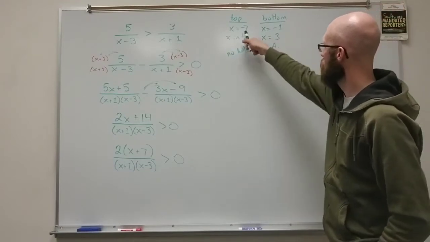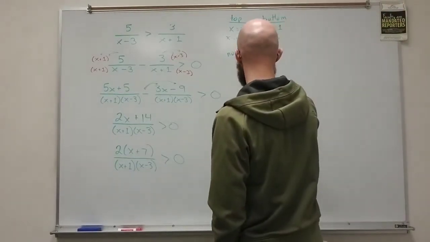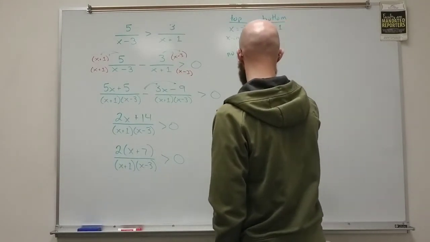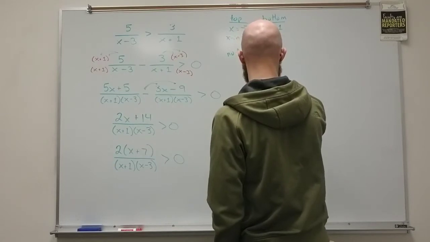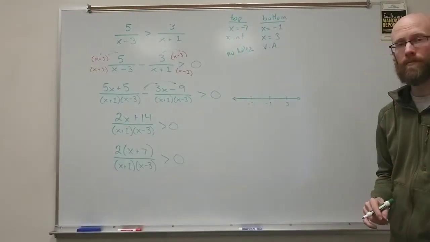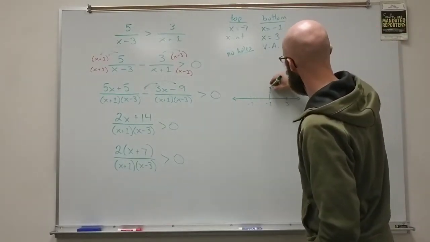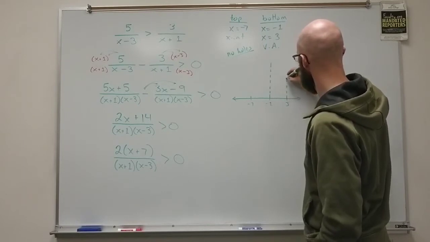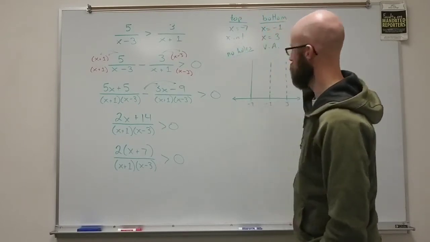So now I have 3 points to consider as endpoints to my sign chart. Negative 7 is on the left, negative 1 is toward the middle, and 3 is to the right. Okay. My vertical asymptotes, I always put a dashed line, and my x-intercept, I always put a solid.